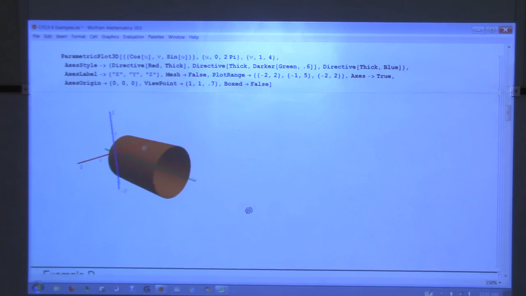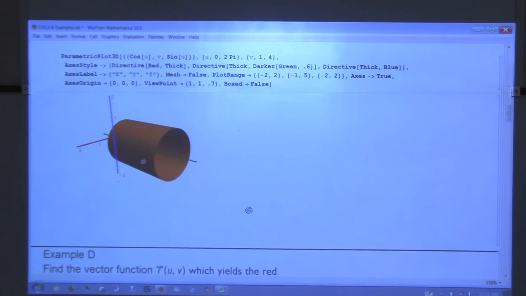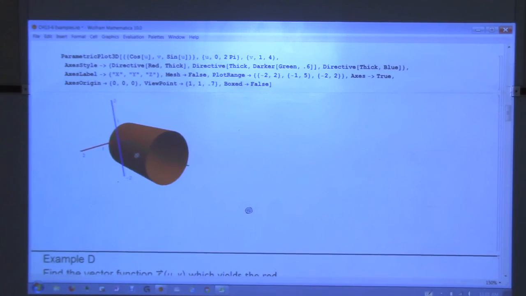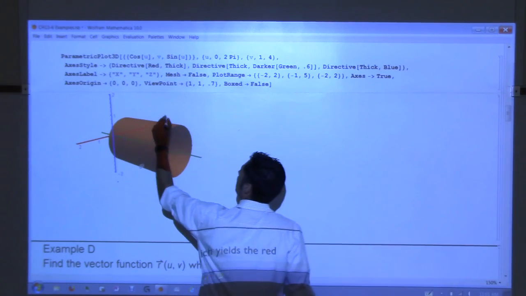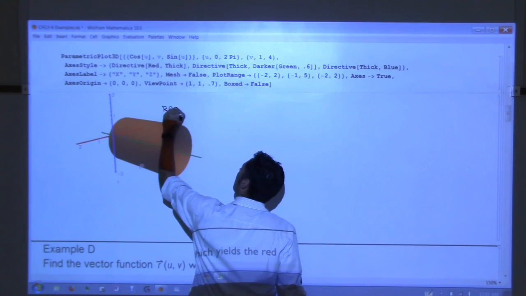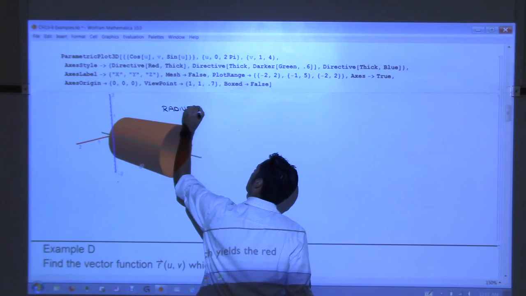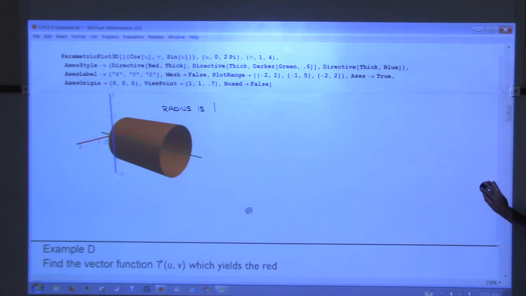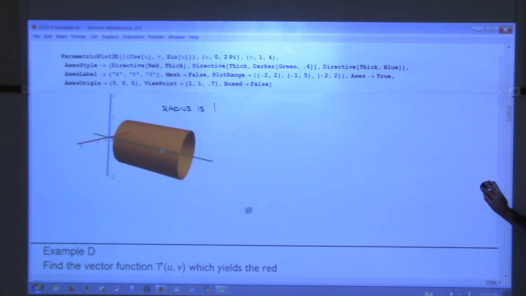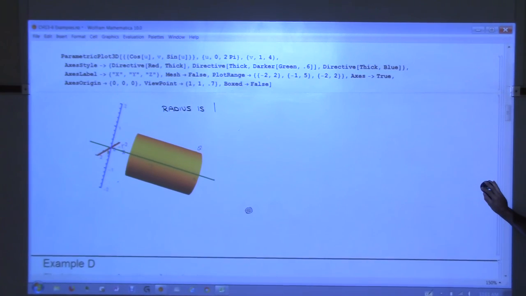So, all right. We have this cylinder. It's hard to tell on your piece of paper where this thing is. So let me clarify. This is a cylinder. It has a radius of 1. And also, if I turn this to the side, notice that it does not actually touch the XZ plane.